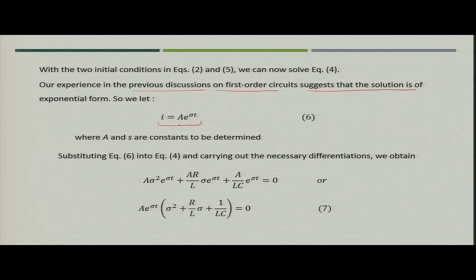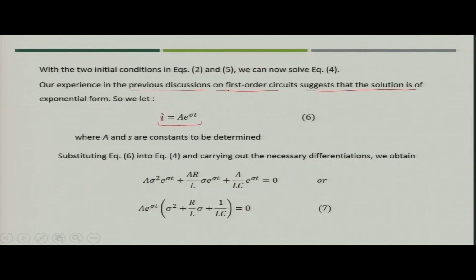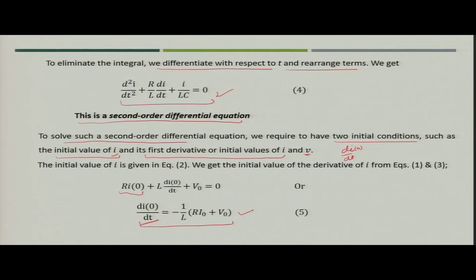So, let us assume that the solution for this case is I is equal to A e to the power sigma t, where A and sigma are constants which we have to determine. Now, what you will do? You will put the value of I which you have assumed, that is I is equal to A e to the power sigma t, in this equation.